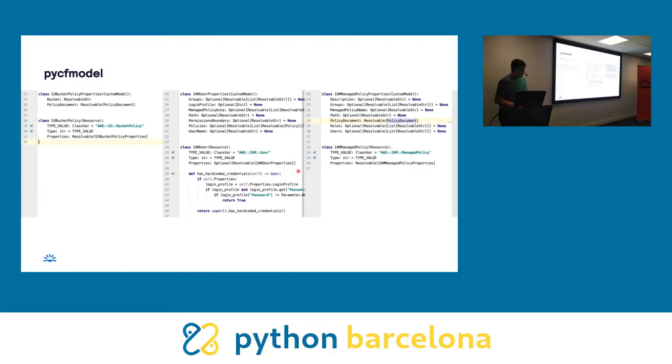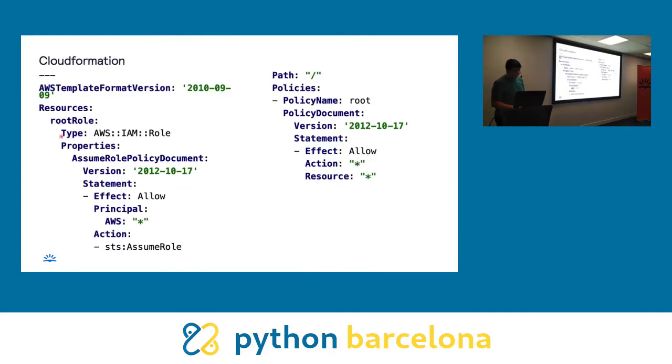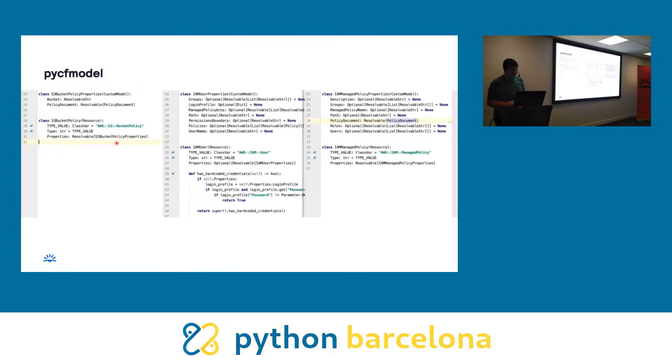We define a class for each AWS resource that we can create, like this one. We say an S3 bucket policy. It has this type in the files. This is the type that you define in the files, and it tries to match each part of the file with an object.